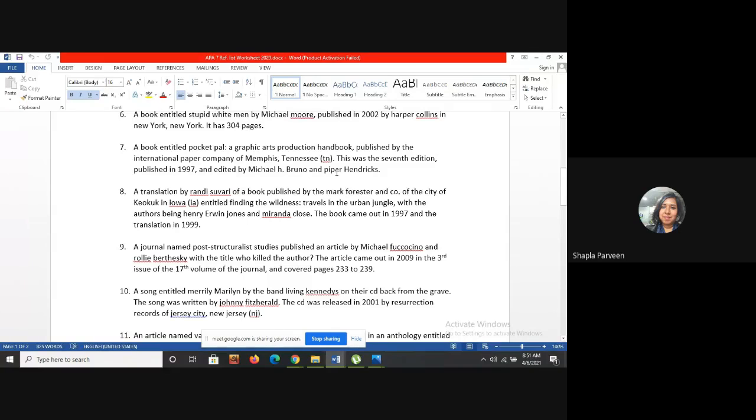So there are 2 editors. Now in entry number 7, the editors' names are there, but the author's name is not there, right? There's no author's name, but the editors' names are given.